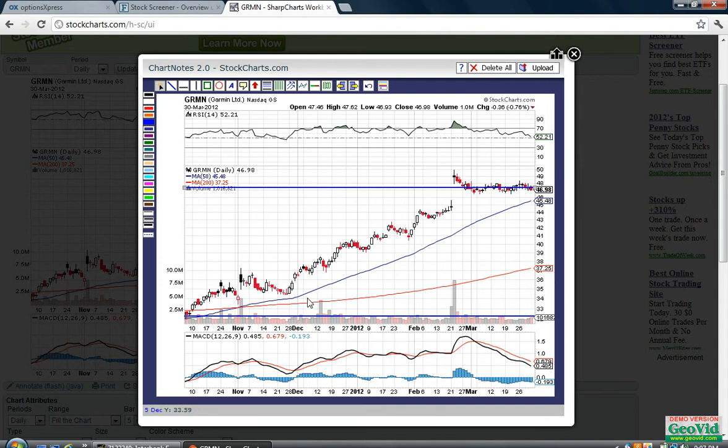Another thing I like to check, to see if I'm able to buy this company right now, is another indicator, the MACD, which tells you the tendency of the prices. In this case, we see that right now the red line is above the black line, which tells me it's going into a downtrend.